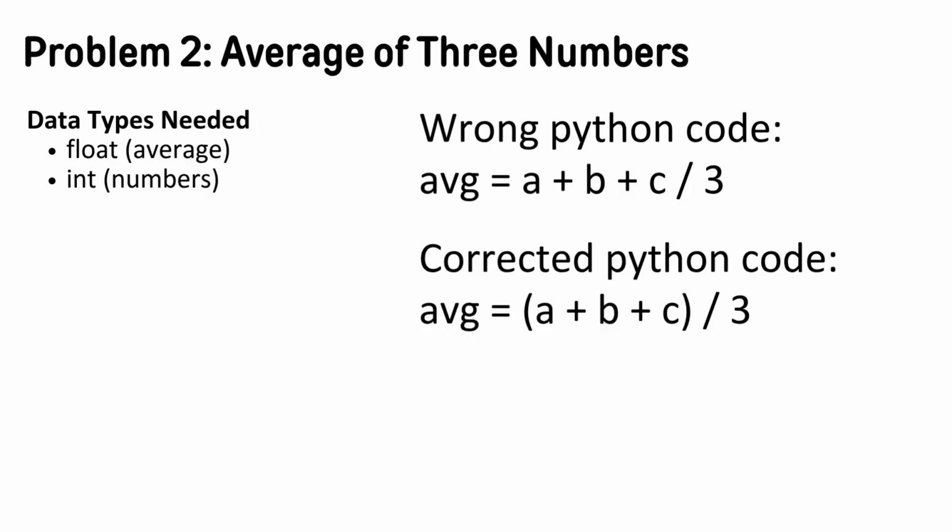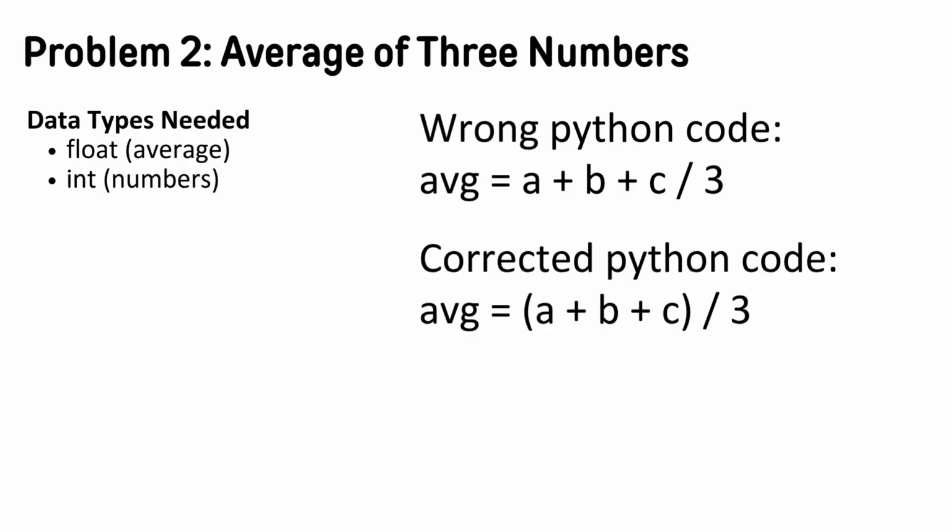The next program is to generate the average of three numbers. So for the average of three numbers, we have to calculate the sum of the three numbers first, then divide the summation by 3, since this is the average of three numbers. If it is asked to do the average of four numbers, then we need to divide the summation of four numbers by 4.